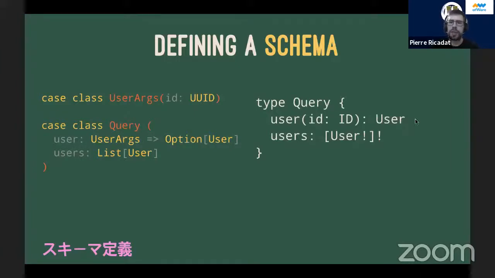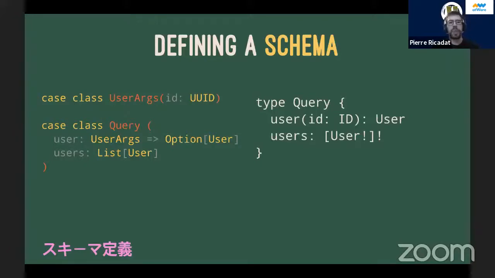You can see there was no exclamation mark on user, so in Scala, it's an Option. If I remove the Option, then there will be the exclamation mark on the GraphQL side. The reason UserArgs is a case class and not directly a UUID is that we need a name for the parameter. So that's why we use a UserArgs case class, just to give a name to that argument.